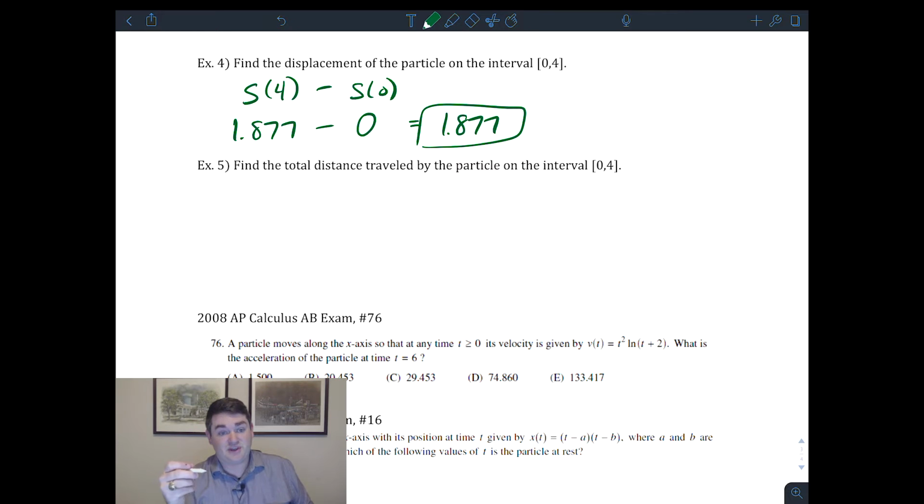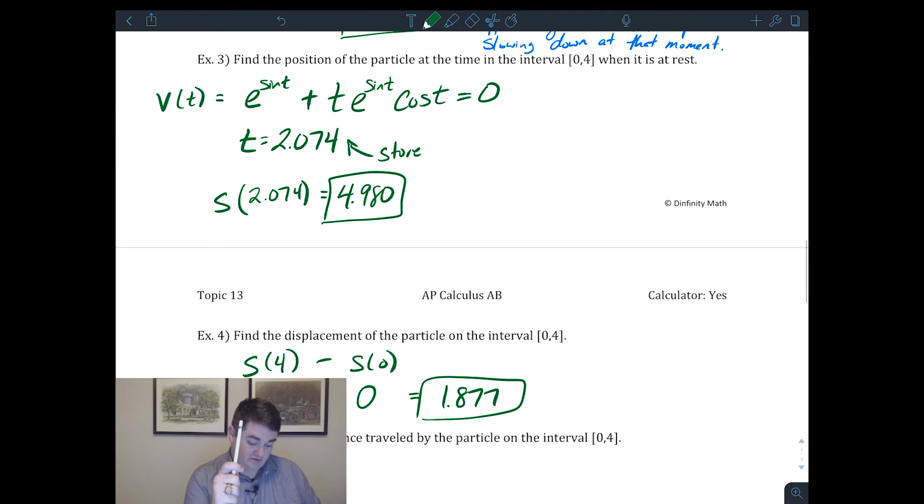To contrast with that, example 5 says find the total distance traveled. To find total distance traveled, the first question we have to answer is, does the particle ever turn around? Okay, I know its velocity is positive at time equals 0, but I found out in an earlier problem that at time 2.074, it turns around and goes backwards the rest of the way.